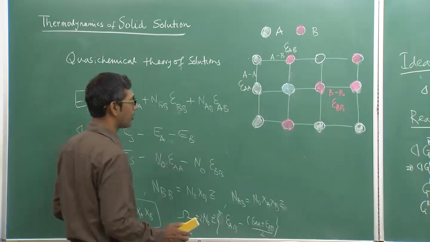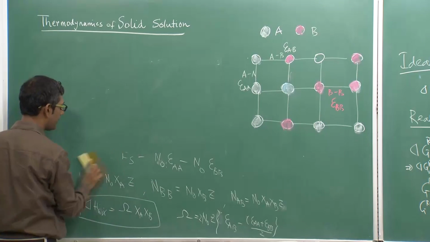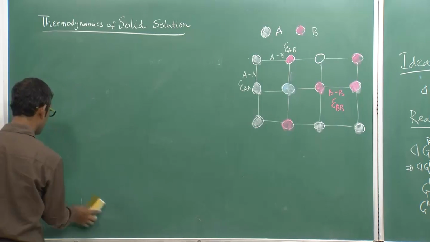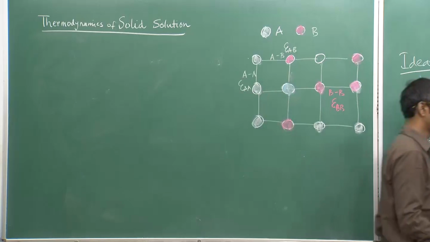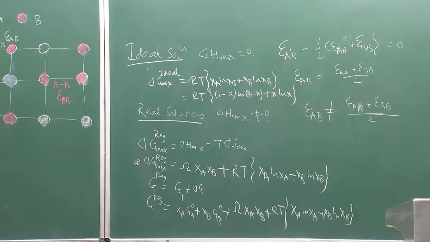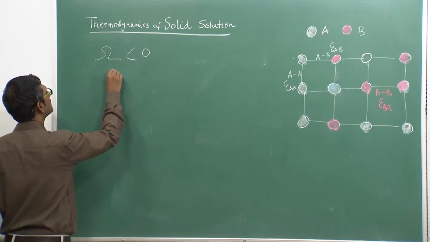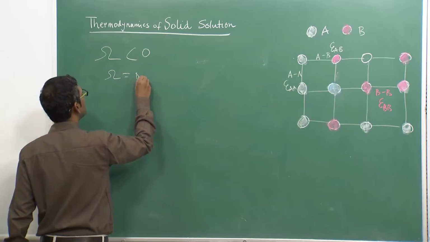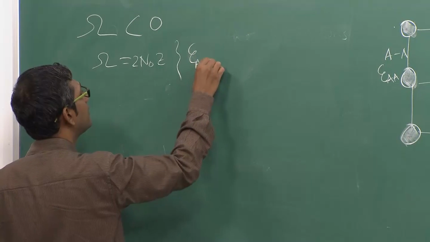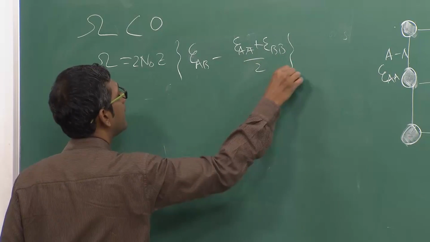So for that we need to plot the data, and obviously we cannot change all the parameters together when we plot the data. What I am going to discuss in this lecture is the case where omega is less than or equal to 0. Remember, if omega is less than or equal to 0, what happens? Omega is a strong function of N0 Z multiplied by the bond energy of AB minus the average of bond energies of AA plus BB by 2, and that we assume is less than 0.